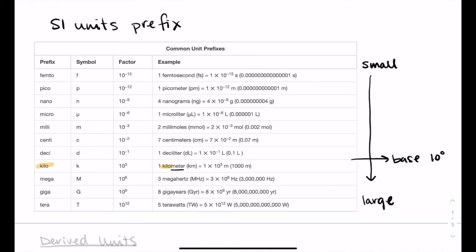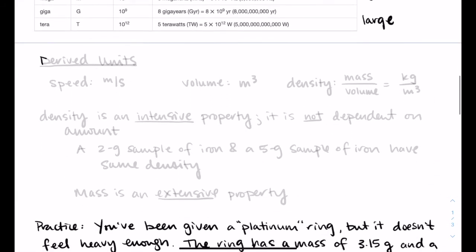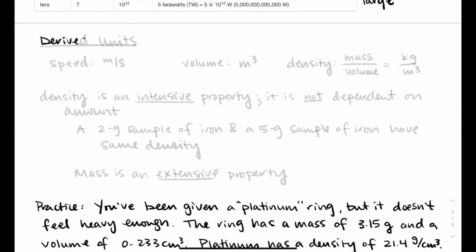All right, now there are a few units that don't show up specifically in this table, and we refer to these as derived units. It just means that there's some kind of combination of the SI unit bases. These are things that you'll be familiar with.